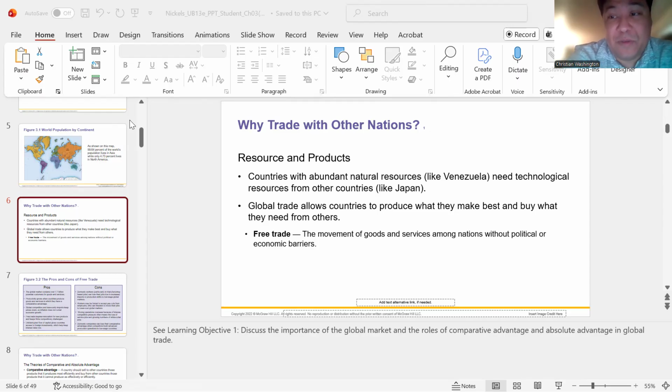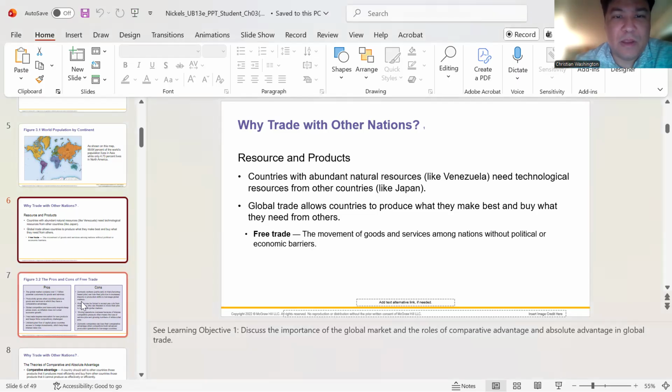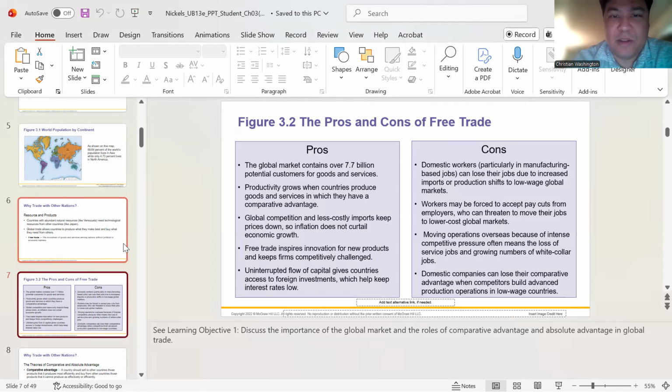So what's the advantage of free trade, or why would you do free trade, right? These are just concepts, discussion points. So we click here and we can see pros and cons. They're saying that a pro is that there's a large market, productivity grows when countries produce goods and services, and global competition and less costly imports keep prices down.